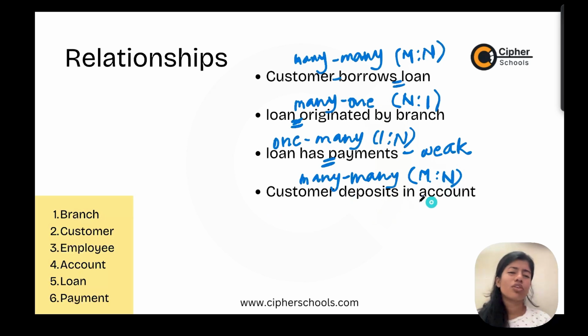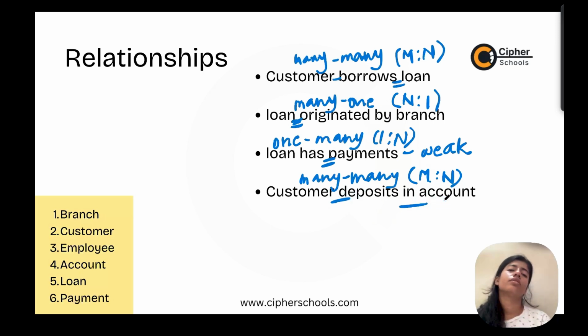Now, there need not be any total participation or any constraint, like a customer may or may not deposit in an account. It's not necessary. So there can be partial participation only.